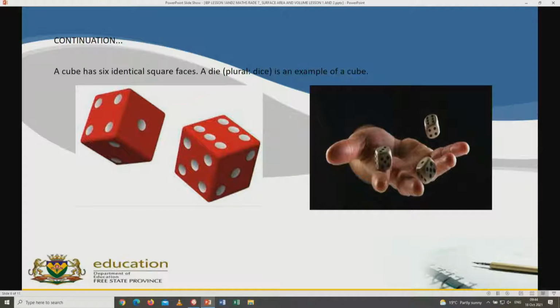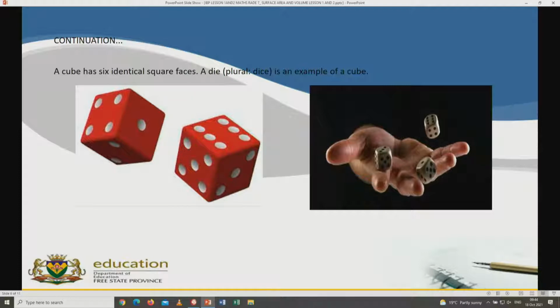The second one is marked by 2 dots, then 3 dots for the third one, the fourth one, up to the 6th one with 6 dots, indicating clearly that there are how many flat faces on a die? There are 6. I'm sure you have seen this, and you have played some of these games. Therefore, that was all about a what?